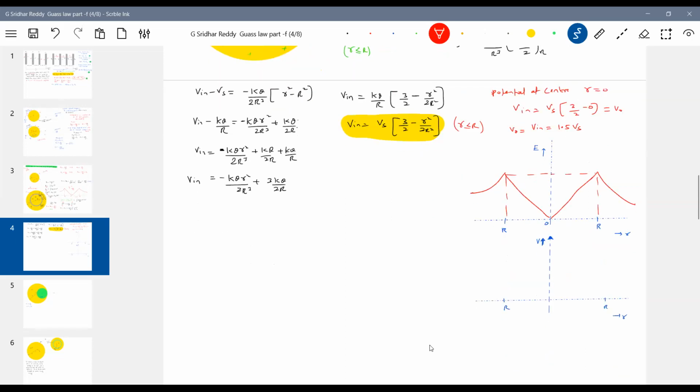What about potential? Here it will be KQ by R. Here it should be 1.5 times KQ by R at center. On the surface, KQ by R. Afterwards, it starts decreasing. If the sphere is negatively charged, the curve should be inverted.